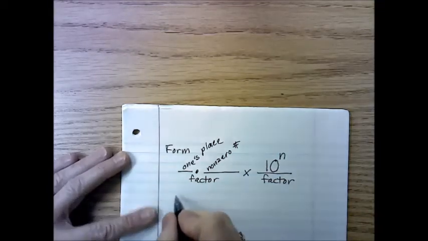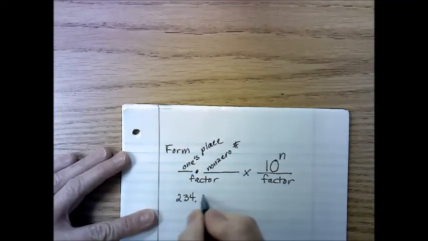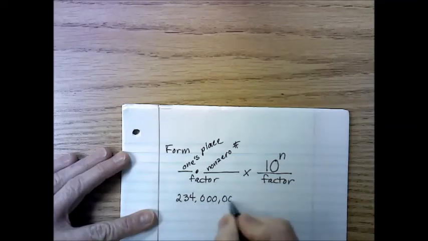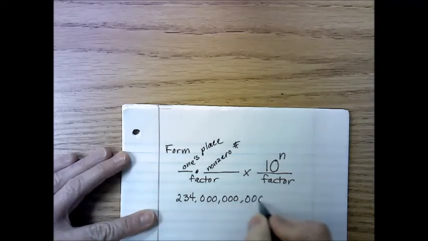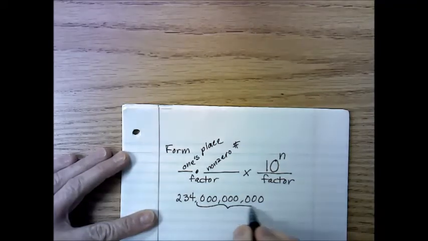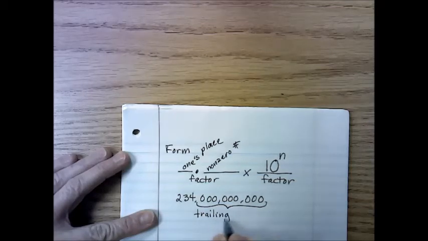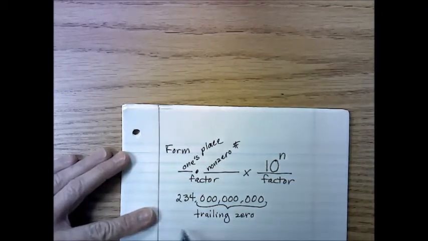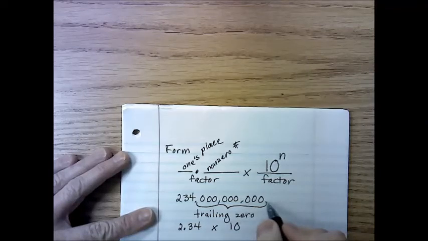So again, if we had the following number, we know that these here are called trailing zeros. And we don't want to keep writing those. So this would be written as 2.34 times 10. My imaginary decimal point was here.